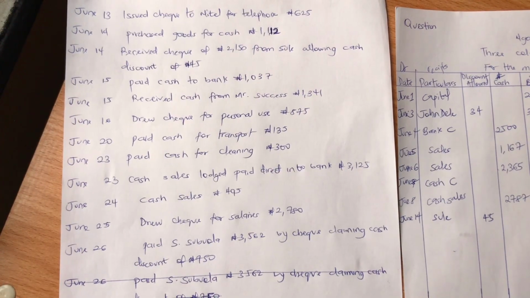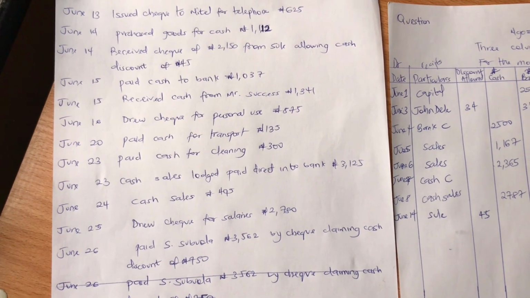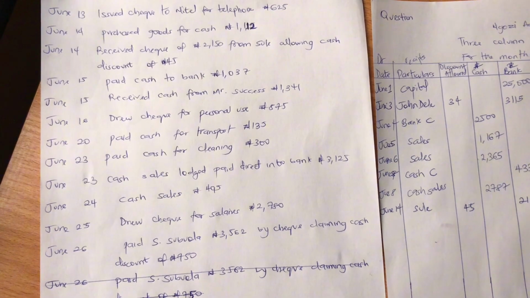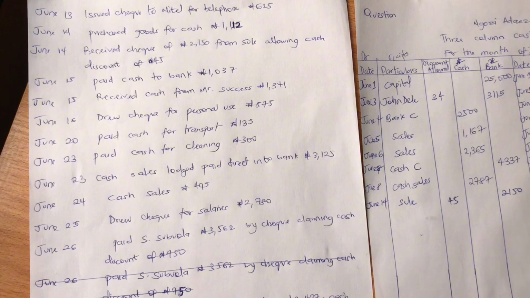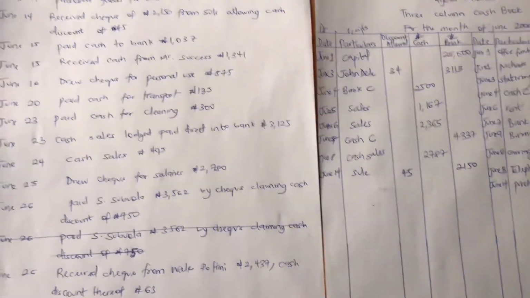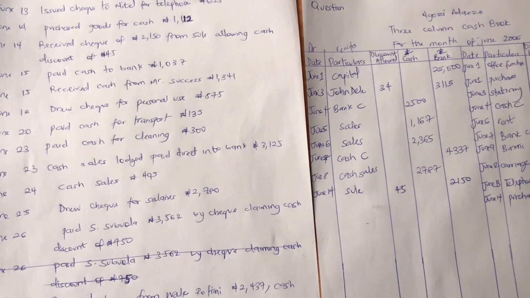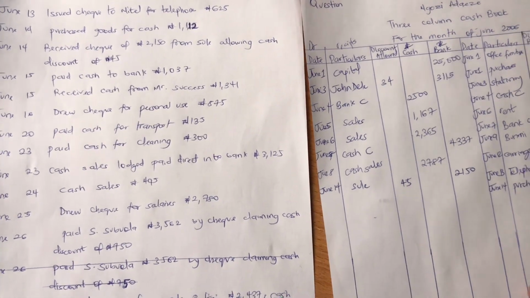So the next transaction is on June 15, paid cash to bank 1037 naira. There's a contra entry here also because it's involving cash and bank. When you pay cash to bank, the amount in the bank is increasing, so it is going to be debited.